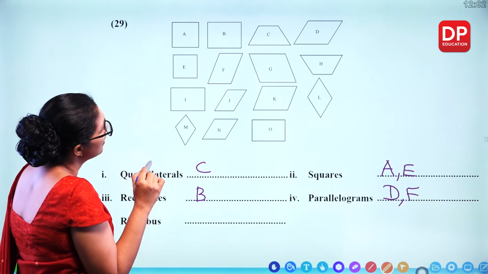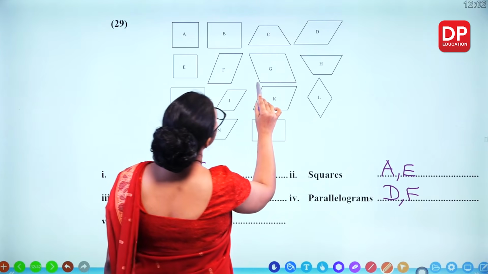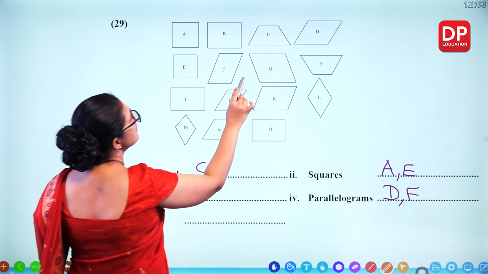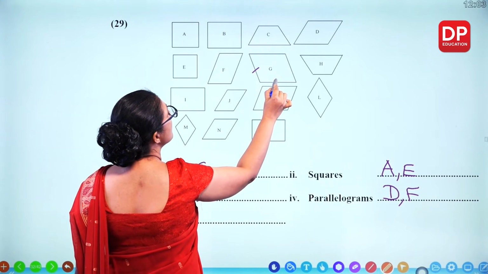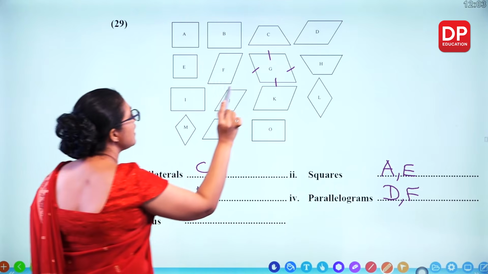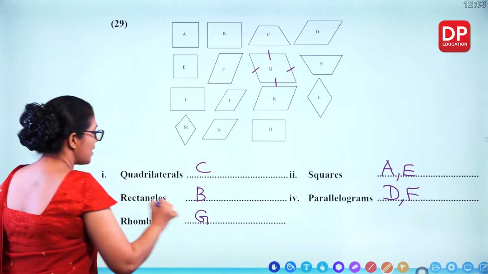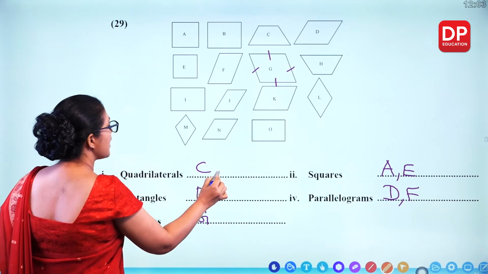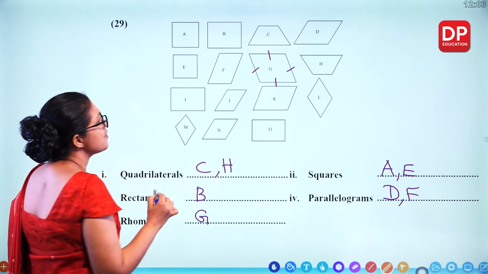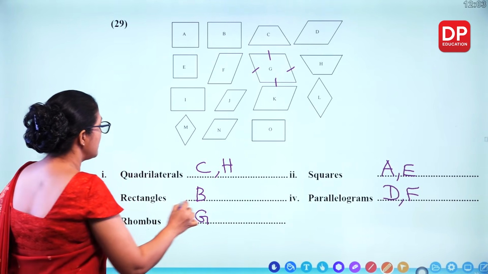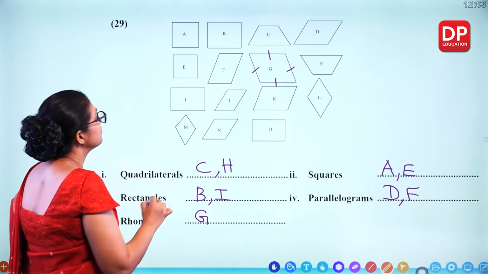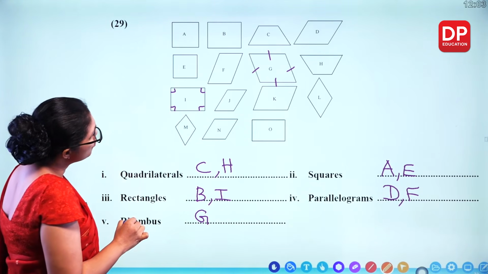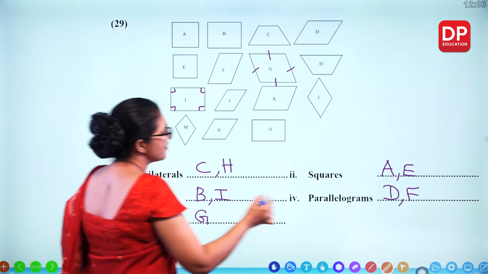G, what do you think about length and width? It looks like all sides are equal. If all sides are equal, we can write that one as rhombus. H is a trapezium. We can write under quadrilaterals. I is a rectangle. 90-degree angles are there. J looks like a parallelogram.